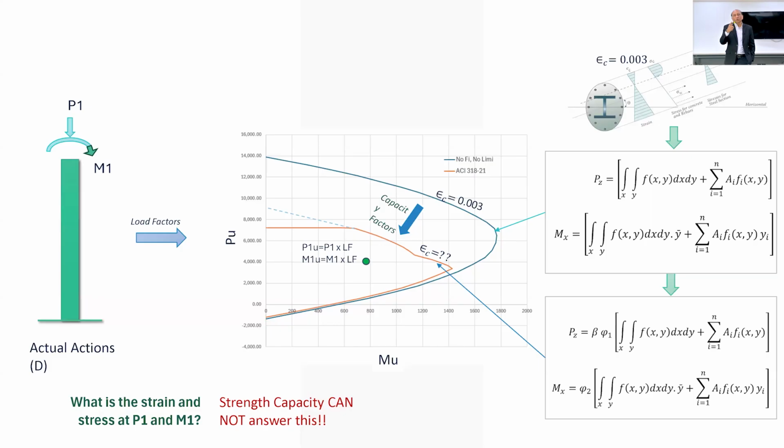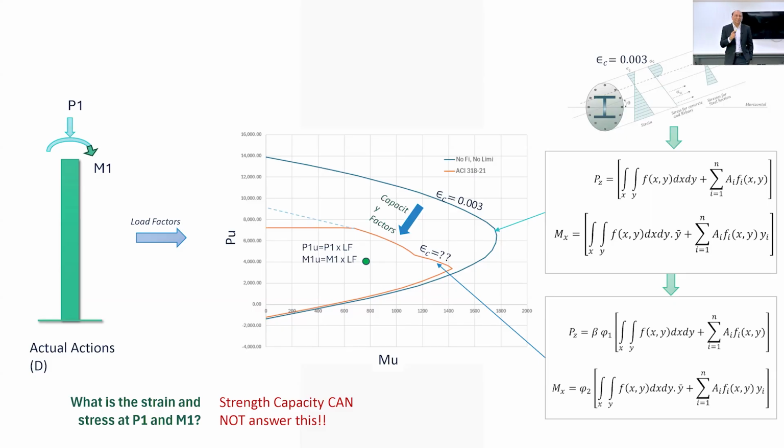So we don't know what the strain is at that orange level because we only know the strain at the blue level, which we use to generate that curve. But after we reduce the curve, the strain is not known at that red curve. Also, we don't know what the state of the column is at the actual loading because this is already factored.